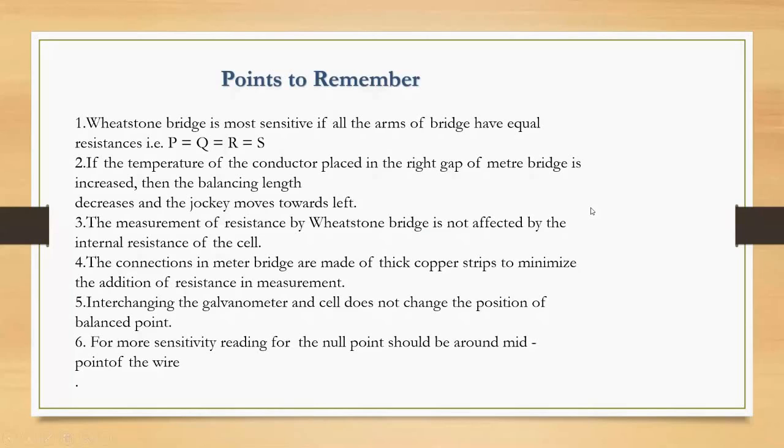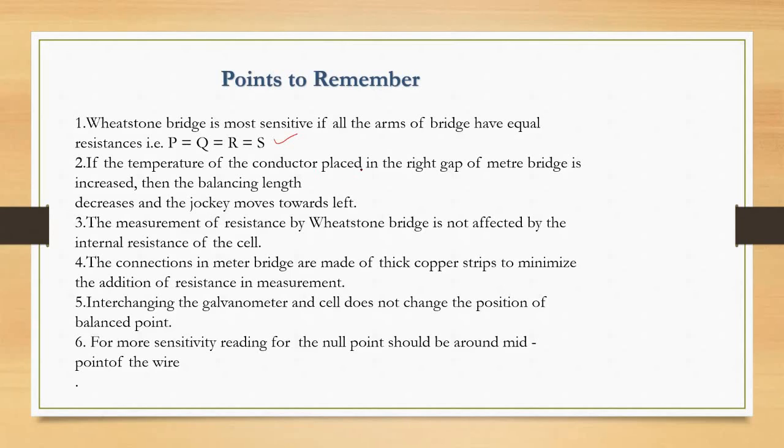After this, you will find some points written here which you should know for understanding the Wheatstone bridge. Some important points can come in your reasoning question of 1 mark. First, your Wheatstone bridge is more sensitive when all the 4 arms are equal, the ratio is equal.